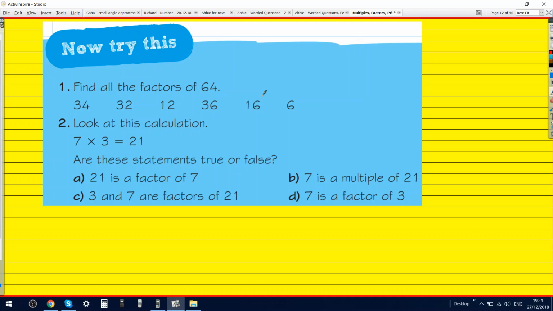So 6 times what makes 64? 6 times 6, and 6 and I think 16 as well. Like, 6 times what makes 64? Will 6 divide evenly into it?